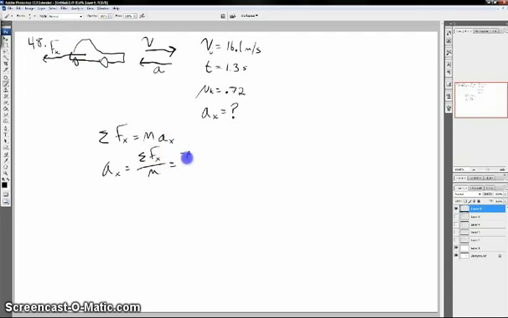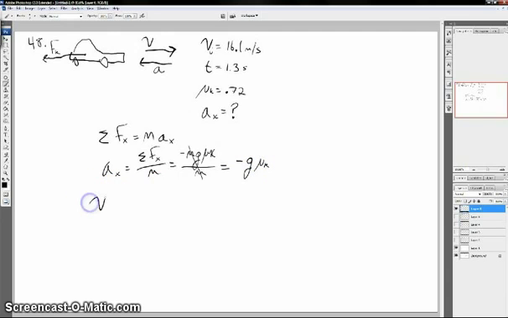And that's going to be negative mass times gravity times the coefficient of kinetic friction. We'll divide by mass. So again, you can see that we didn't need to know the mass of the car because that's going to cancel out. We'll get the acceleration as negative g mu k.